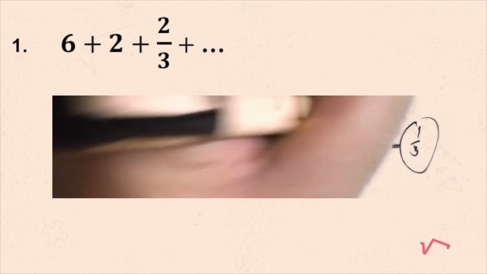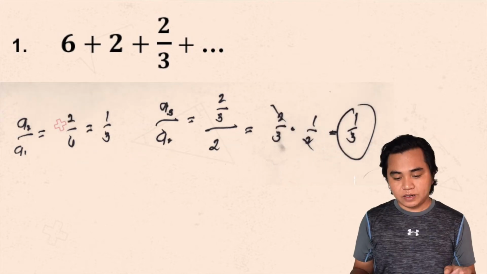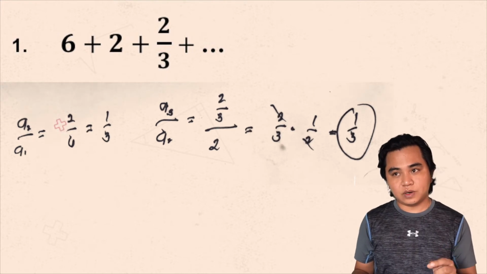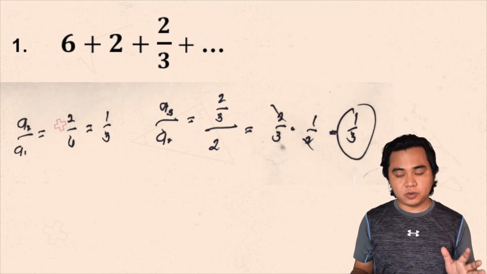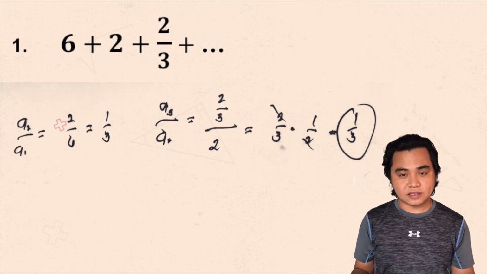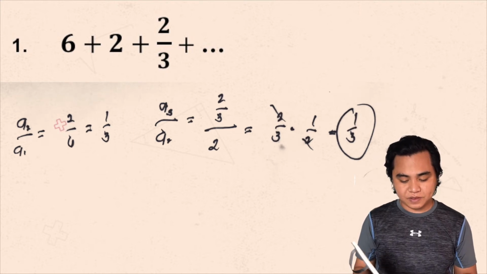So it is still 1/3. Now, let's see the condition. Is 1/3 less than 1? Yes. We all know, class, that 1/3 is less than 1. So therefore, this particular sequence has a sum.